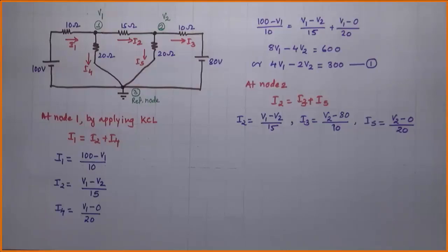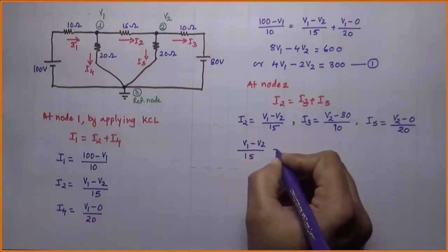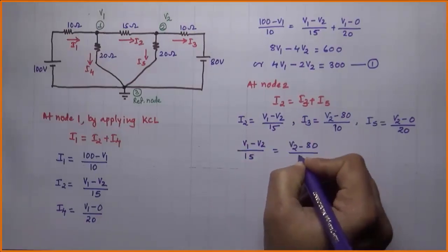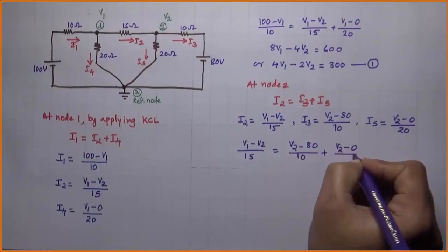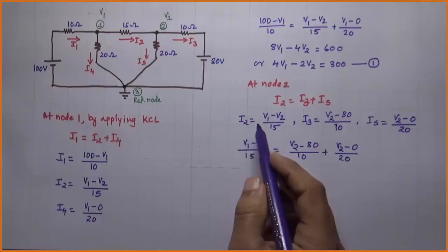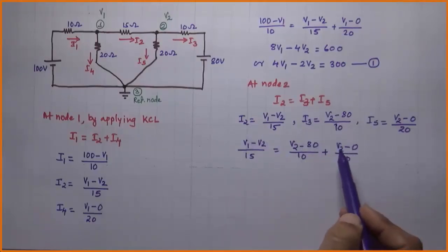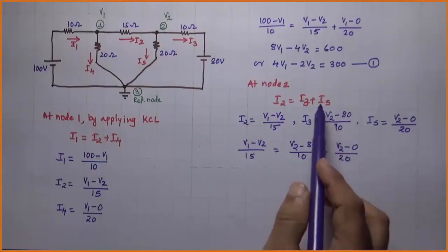Substituting these values in the node equation, we get V1 minus V2 by 15, which is I2, V2 minus 80 divided by 10, which is I3, and V2 minus 0 by 20, which is I5.